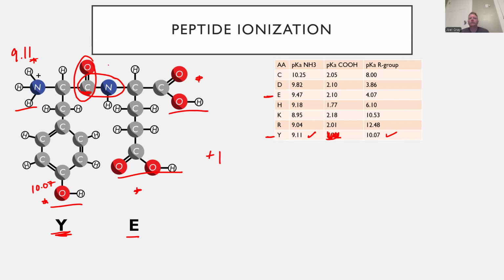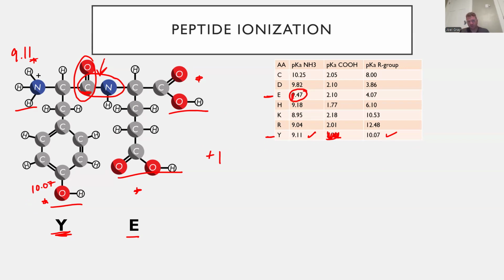Now, my next amino acid, well, I've got to go back to that peptide bond. That's where I'm going to find the N termini of the amino acid glutamic acid. And I'm going to see a 9.47. But this is just like the C termini of my previous amino acid. It's a part of a peptide bond.